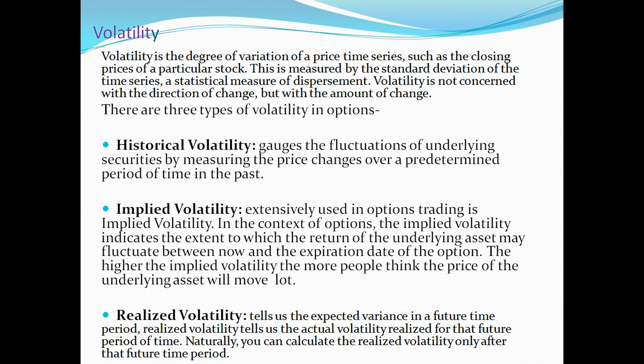The higher the implied volatility, the more people think the price of the underlying will move a lot. So if implied volatility is high, the price of the stock will move a lot.